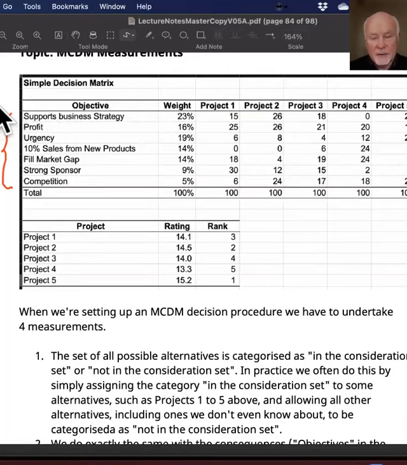So a lot of companies, for the particular example of project selection, have a standard set of criteria for choosing projects, and they often include things like the return on investment measured in various ways, and so on.